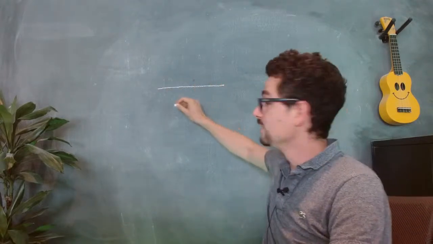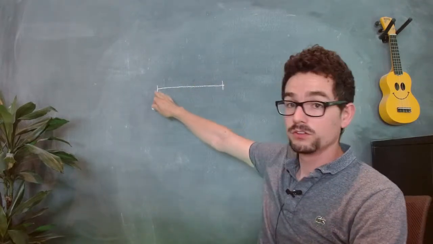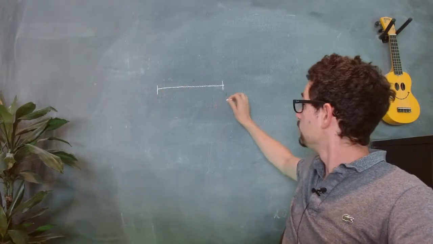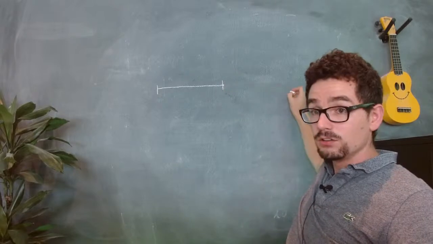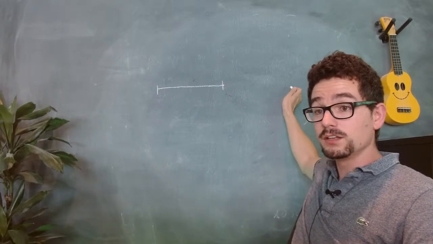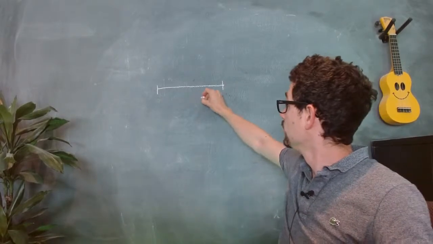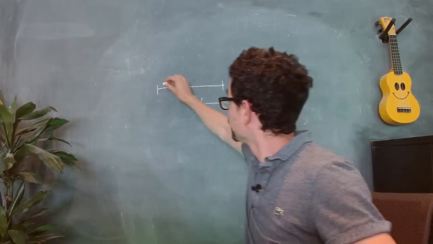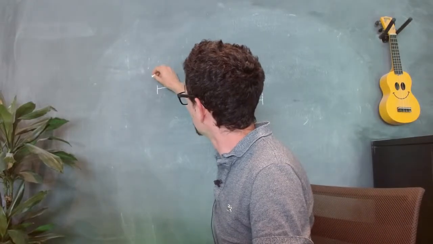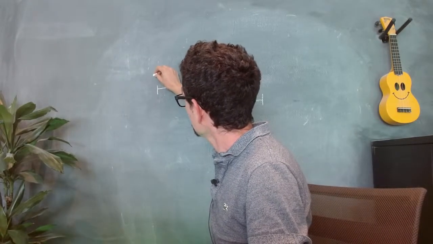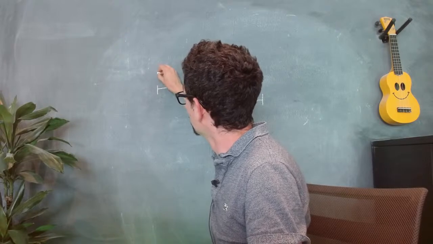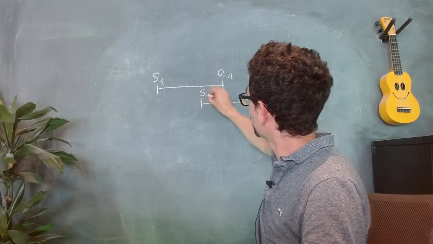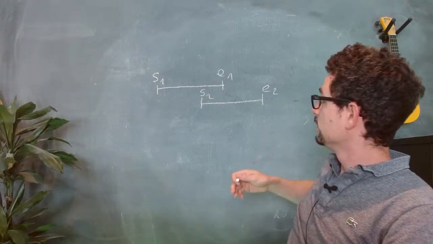So here is the interval. This was from Monday to Friday, the price was $3.99, and then from Friday to Wednesday in the next week the price was $4.99 or so. And this would be an overlapping time interval. And you can now say, let's say, start 1 and end 1 and start 2 and end 2.